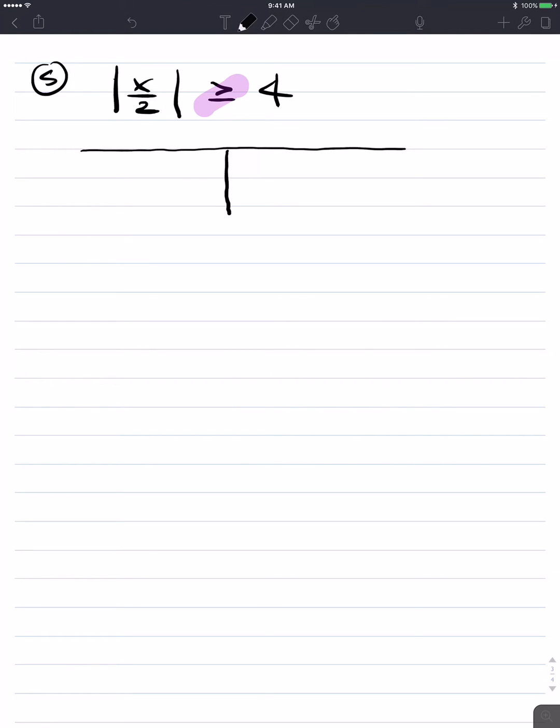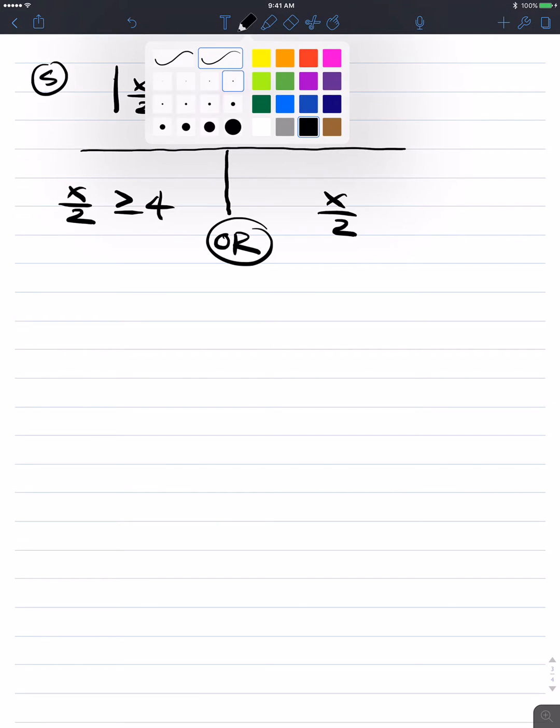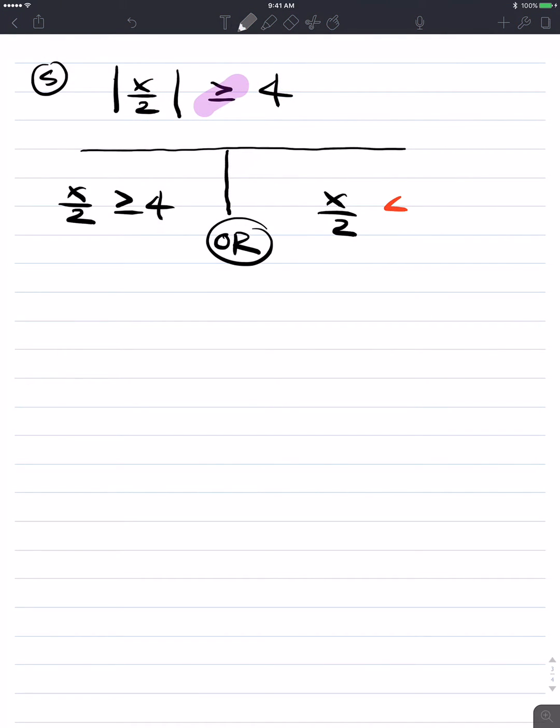This tells us we're going to be taking the union. Our first inequality is x divided by 2 being greater than or equal to 4. The second inequality will be x over 2, and this is now less than or equal to the opposite of 4.